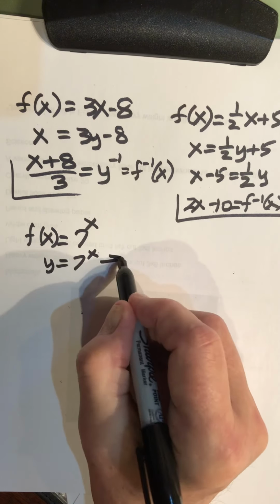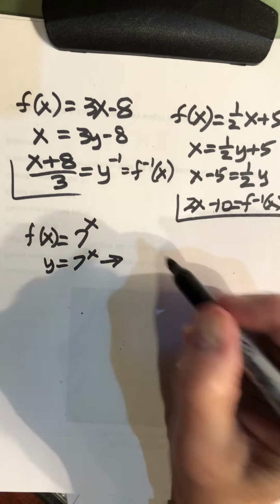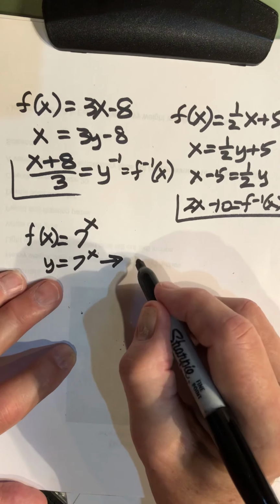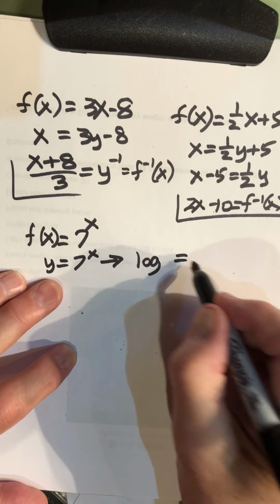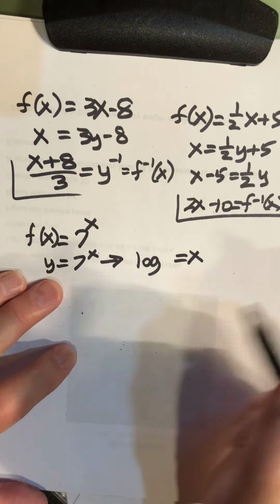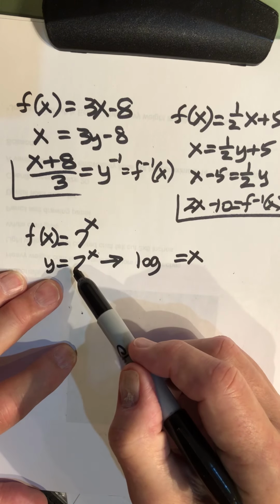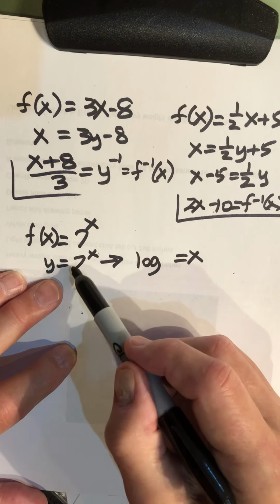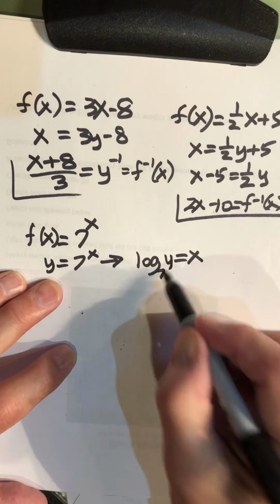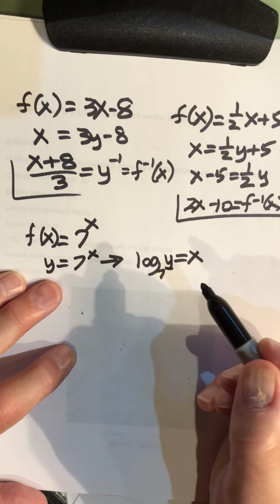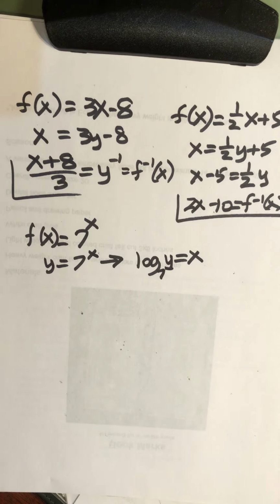And when I convert that to log form, remember logs equal exponents, so that's going to equal x. All right, and the base of the exponent was 7, so this is 7, and this is y. Do you see how I did that?